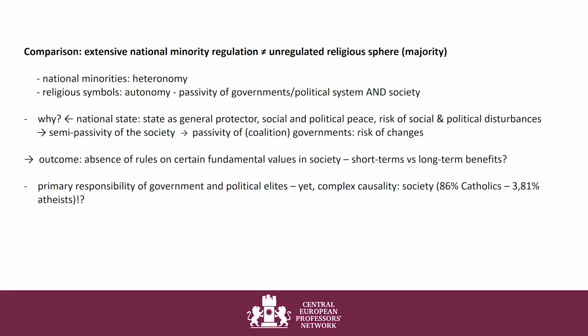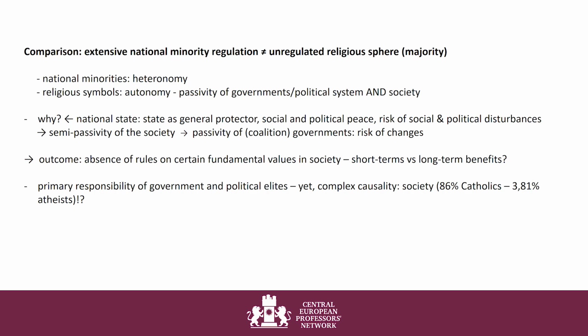So let's compare this extensive national minority regulation and the unregulated religious sphere of the majority. Regulation of national minorities was heteronomical. The unregulated religious symbols is a question of autonomous decision. Well, theoretically, the first one is also autonomous, but it was mostly pressure from outside.